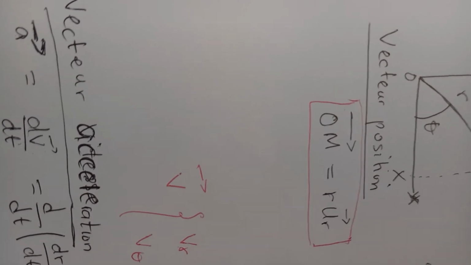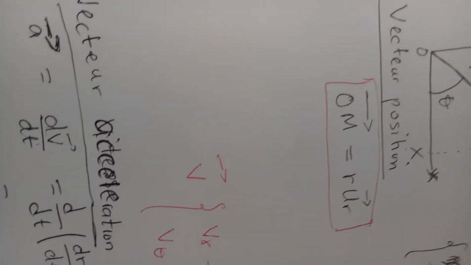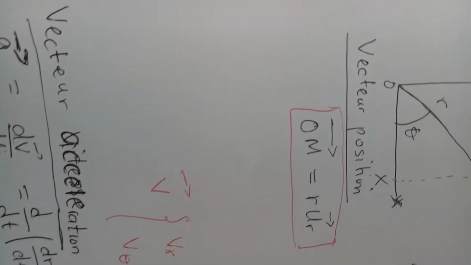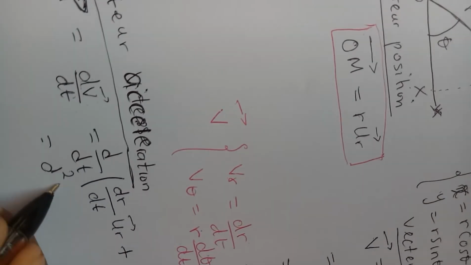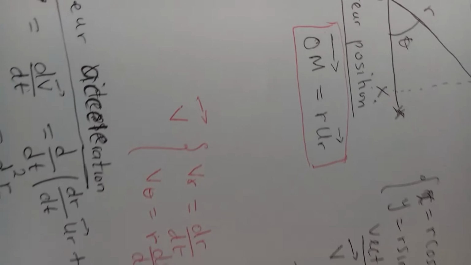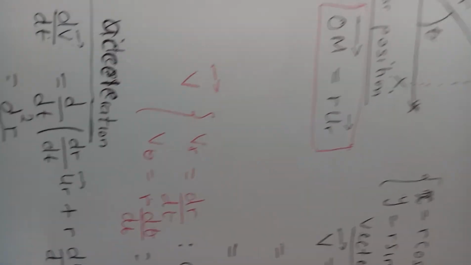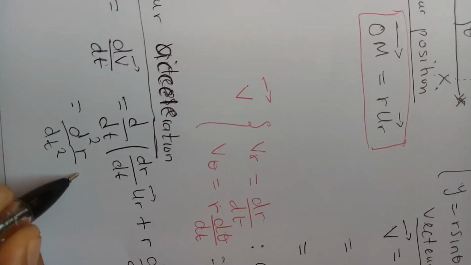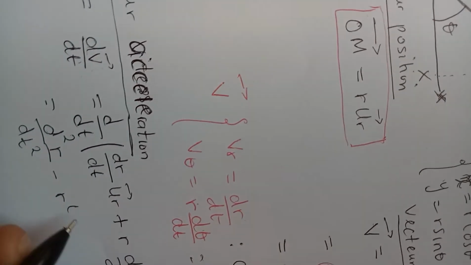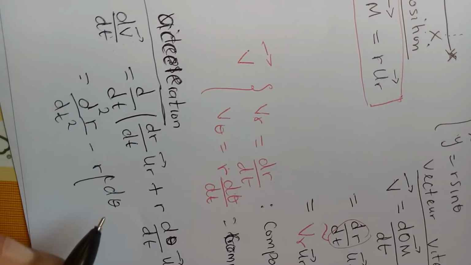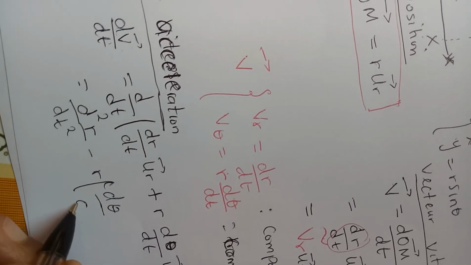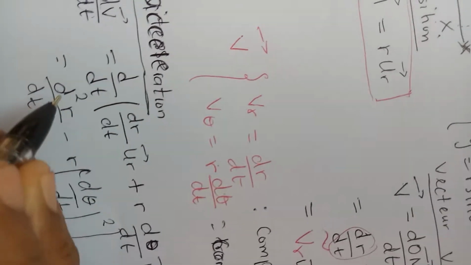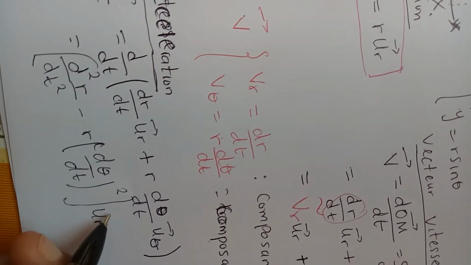I'm jumping to the last step, because after doing the whole thing, this is what we're going to get: d square r over dt square minus r d theta over dt, squared, everything here ur.